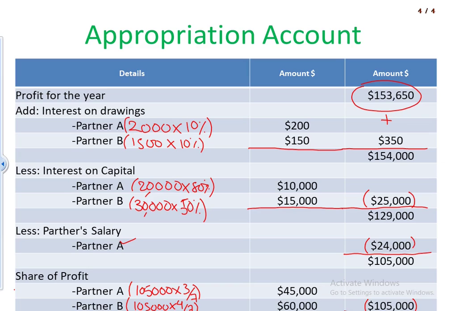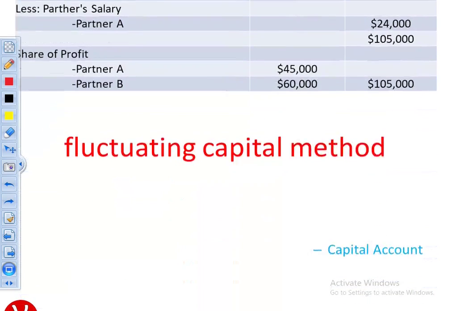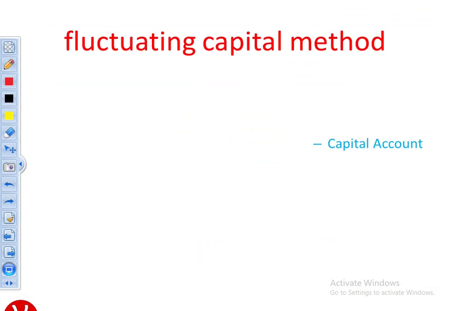So two things that we need to note here are partners' drawings, 2,000 for A and 1,500 for B, and partners' capital, 20,000 for A and 30,000 for B. So how do we keep the partners' capital account?